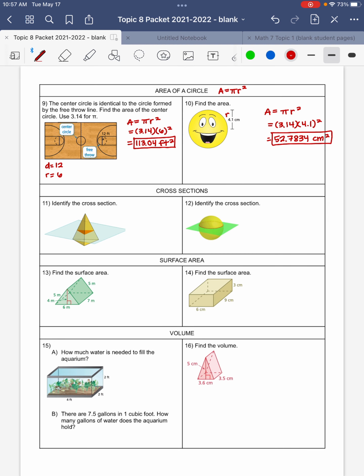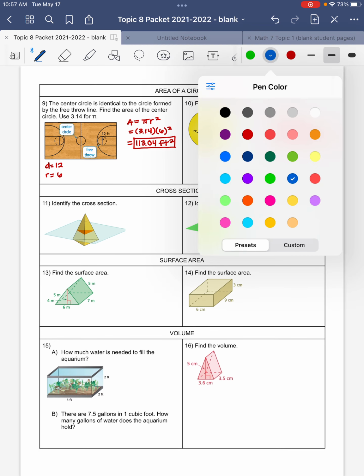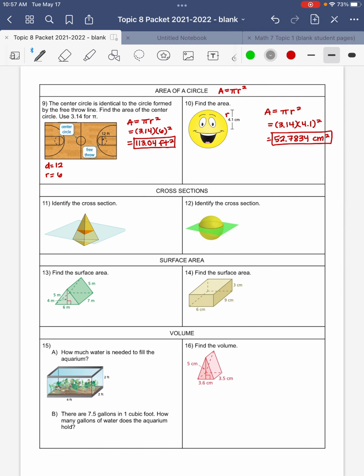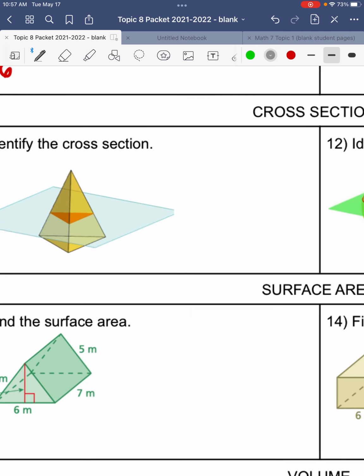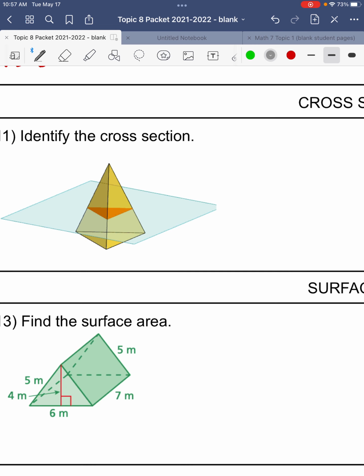Okay, moving on, cross sections. So cross sections, we're slicing a 3-dimensional figure either parallel or perpendicular to the base, and we want to know what shape we're going to see when we open it up. So in number 11, I have a triangular pyramid. The reason I know it's a triangular pyramid is because at the bottom here, I have a triangle.